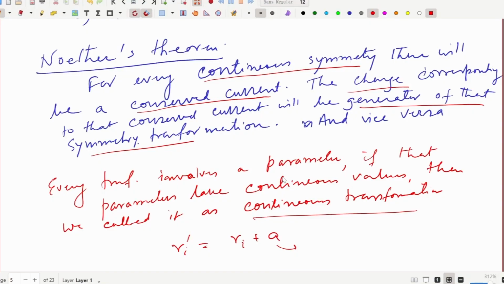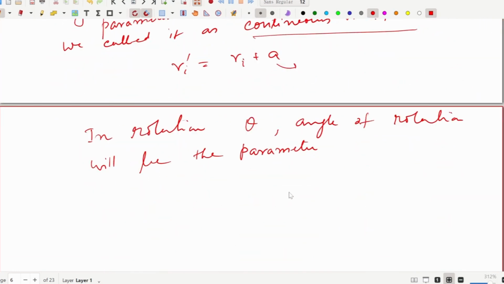In electromagnetic theory, we know the charge is the zeroth component of the current, in what is called 4-vector notation, but I am not going into that detail. So, this charge will generate that symmetry. Noether's theorem is much more involved. We are only in the first part, that if you have a continuous symmetry, there will be a conserved current. That we have checked for three continuous transformations.